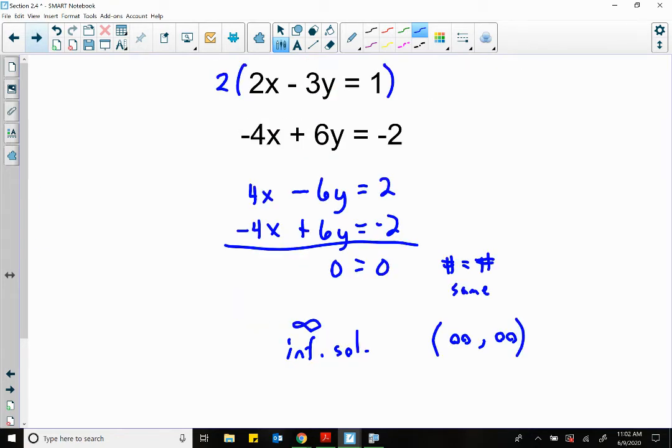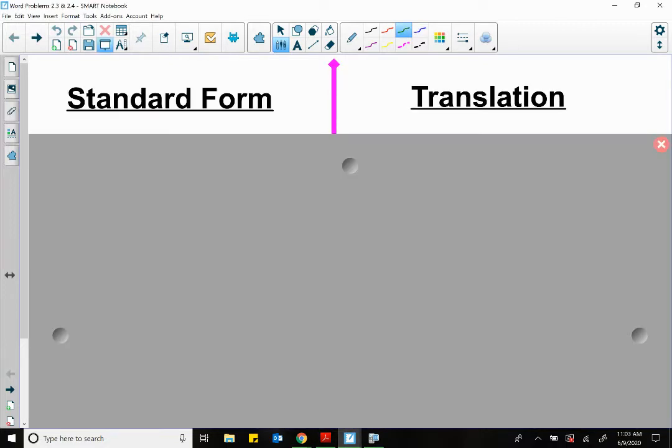So let's talk word problems. All right, the word problems in 2.3 and 2.4 that they're going to throw at you come in 2 forms, okay? Just like the word problems in chapter 1 for linear equations came at you in 2 forms. They either gave you 2 points or they gave you a slope and an intercept. Well, in system equations, they come at you in 2 forms.